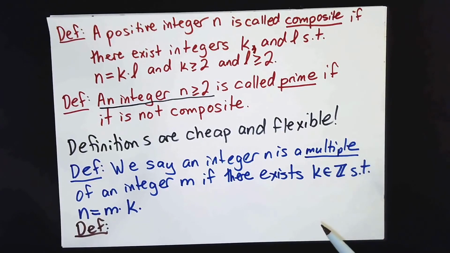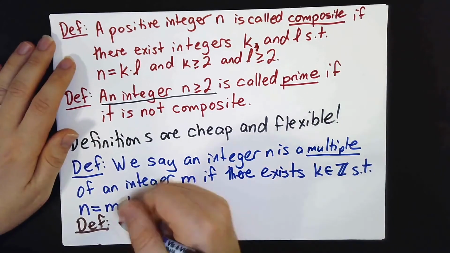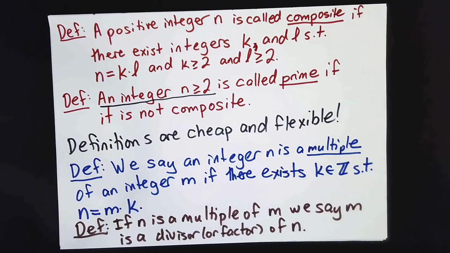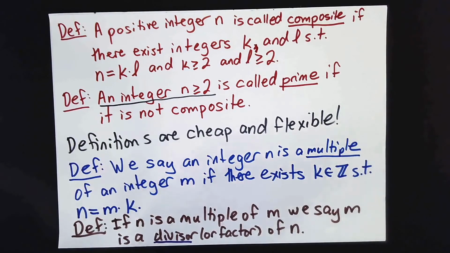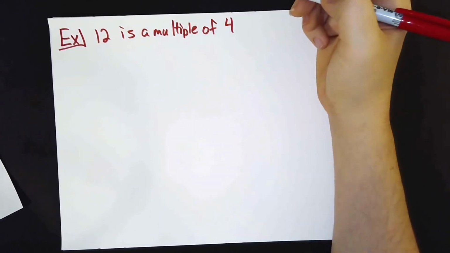I want to go ahead and make an immediate follow-up definition, which is I just want to name the other direction. Which is to say, if n is a multiple of m, we say that m is a divisor of n. So, just to give you a couple examples, 12 is a multiple of 4. What does that mean?